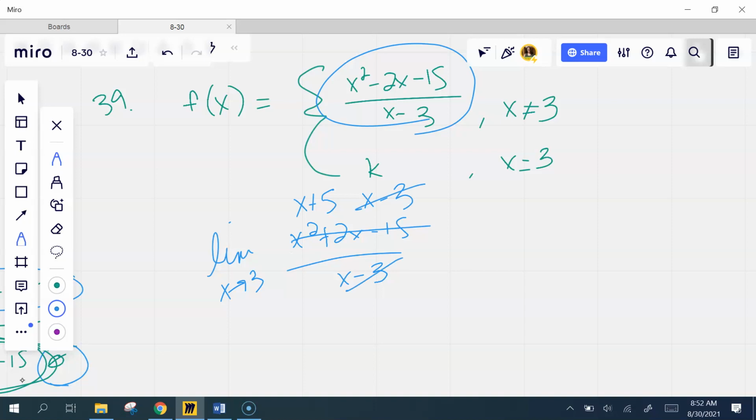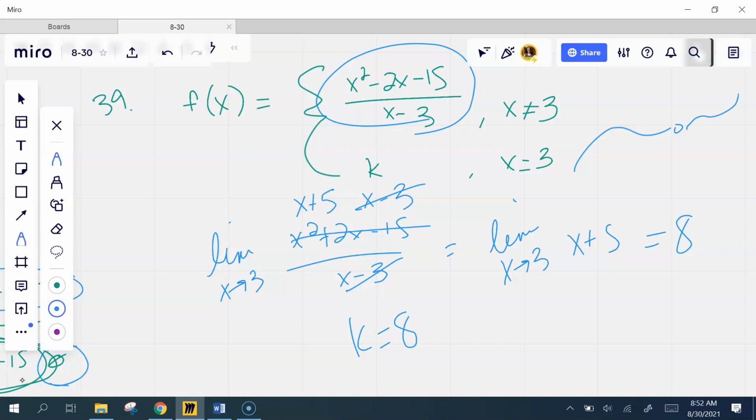All right, so now I want the limit as x goes to 3 of x plus 5, which we know is 8. So in order for this to be continuous, because the limit as I go to 3 is 8, whatever that graph looks like, there's a hole, right? This hole happens at 8. So if I put a value there at 8, it'll plug the hole.